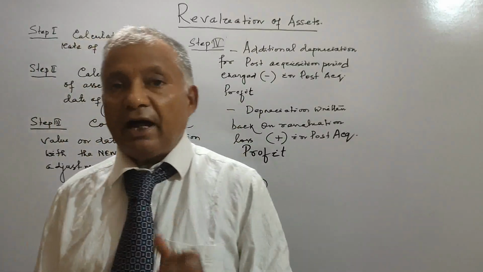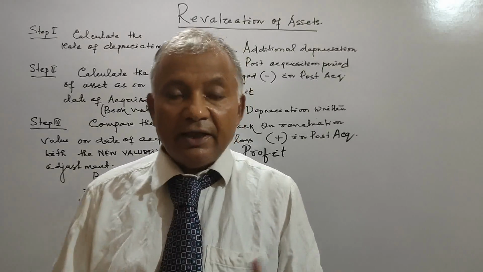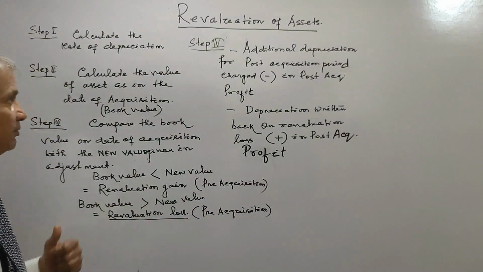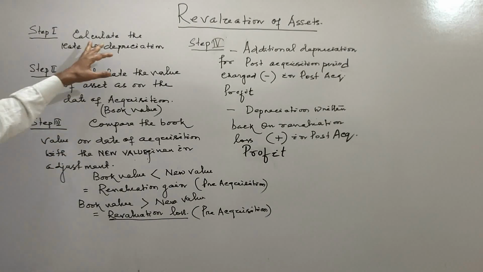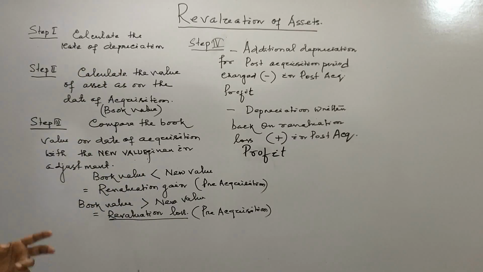You have to find out the book value as on the date of acquisition. You can find out the book value at the end of the year. So with this information, I can calculate the rate of depreciation, which I will explain with the adjustments.